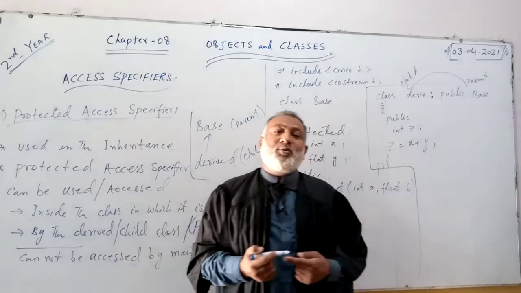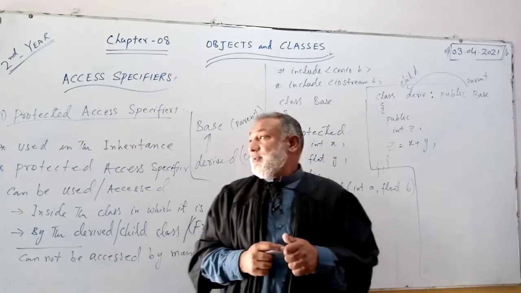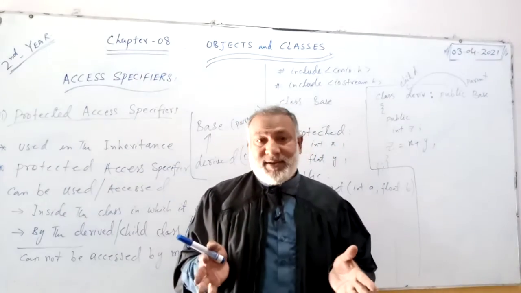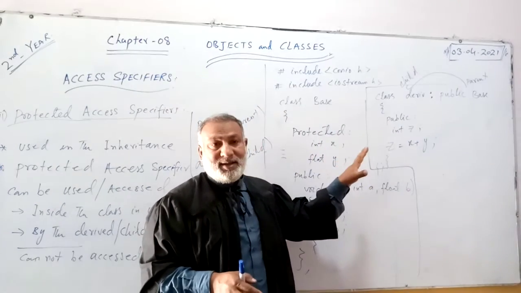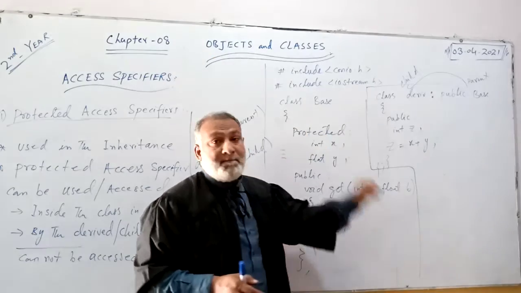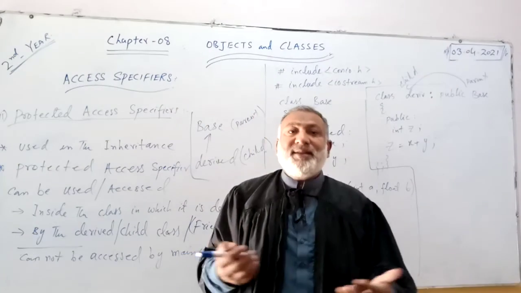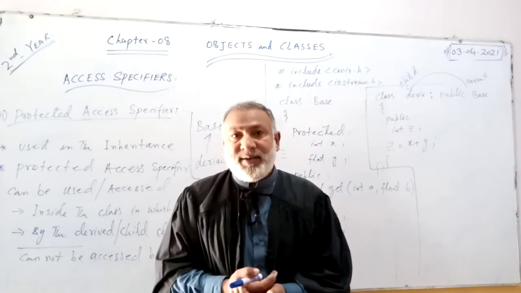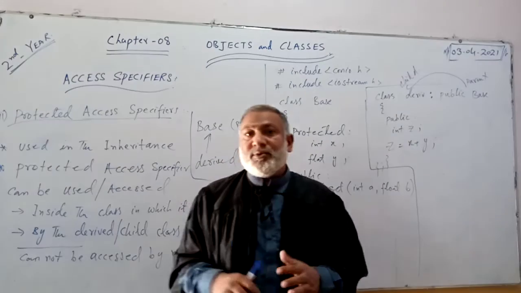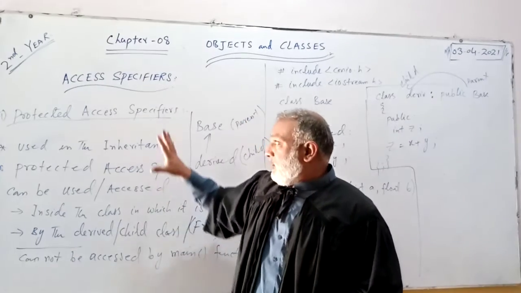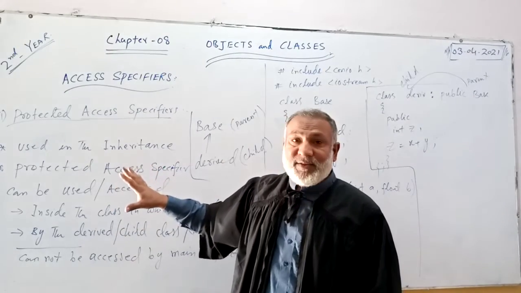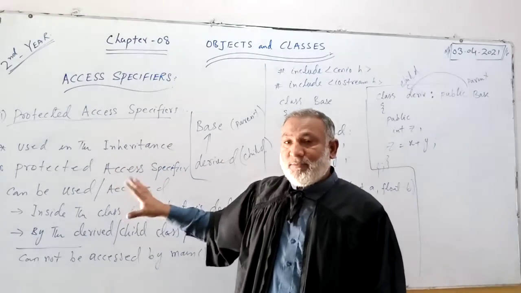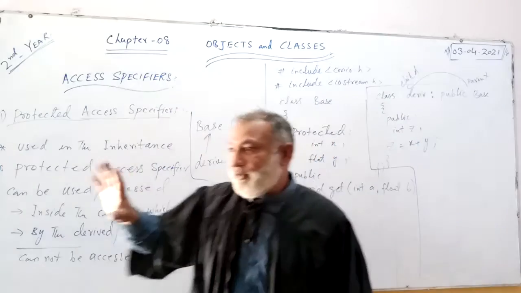Inheritance is not included in our course, but since the protected access specifier is there in your course, that is why I have given an example from inheritance. But inheritance is excluded, it is not present in your smart syllabus. So I think that is sufficient, that when you study the protected access specifier, it gives you much information.